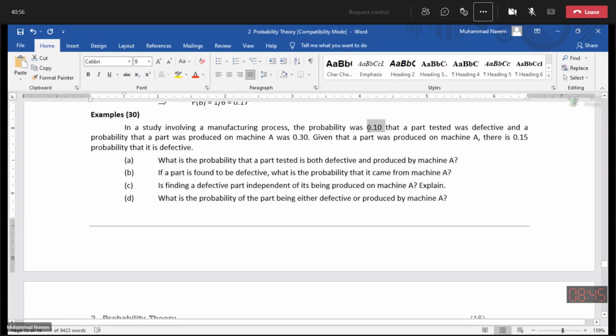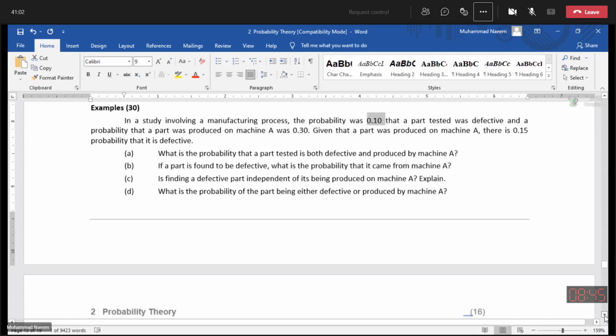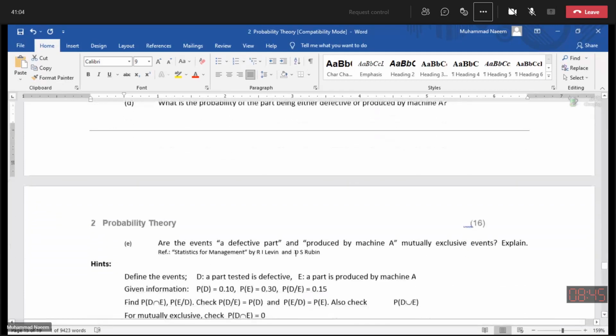This is given. Let me denote this event by D, that the part is defective. We denote the event that a part is produced by machine A by event E.